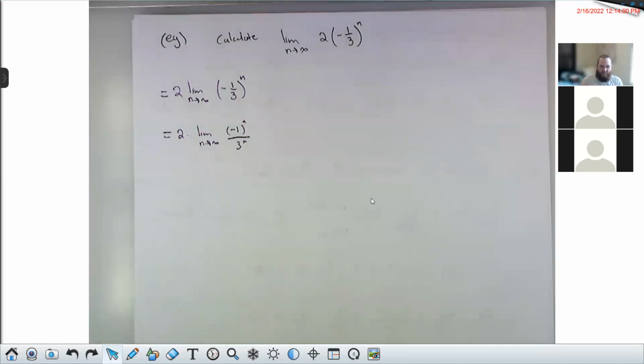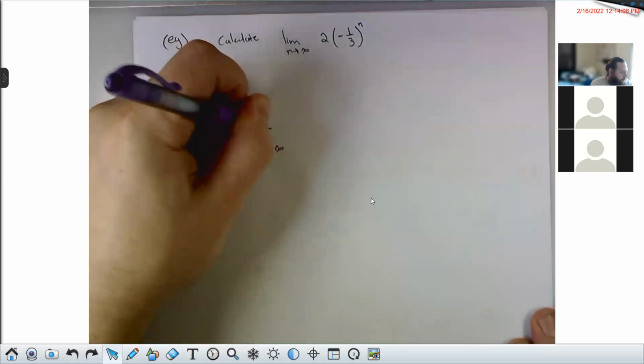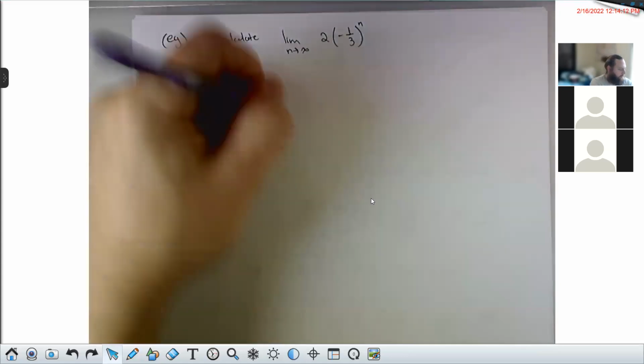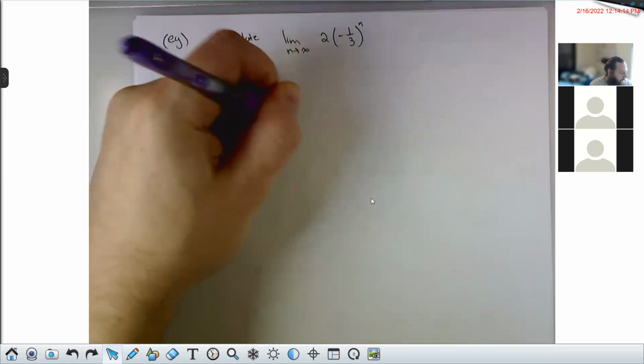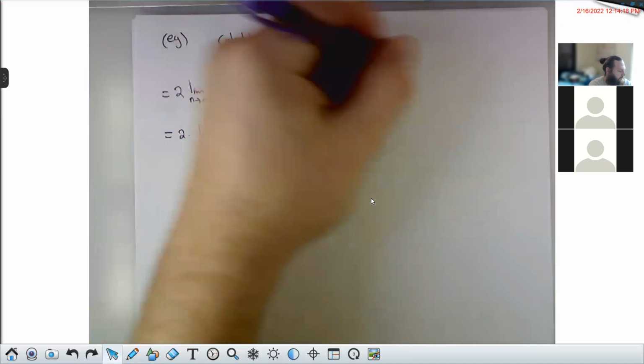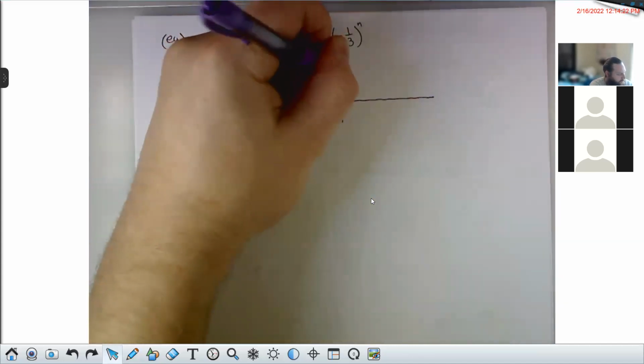And this sequence has the same sort of problem that the last sequence did. The bottom is going to infinity, but the top, (-1)^n, that's a DNE. And in some senses, (-1)^n is nicer than the sine of n, but in other senses, it's worse.